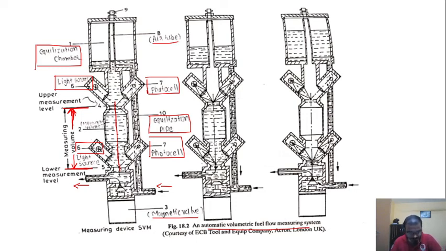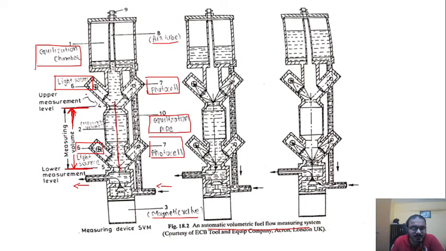So what happens is that when we press the start button here, the magnetic valve allows the fuel to go into the engine. Once this device starts, the fuel level in this measuring volume keeps on decreasing.